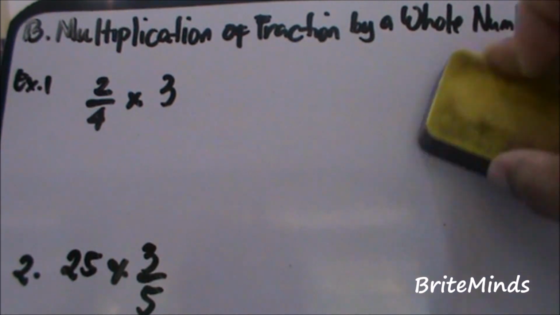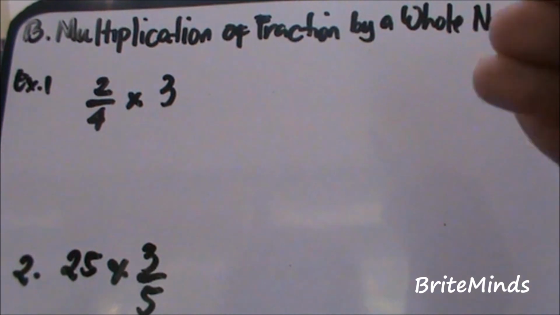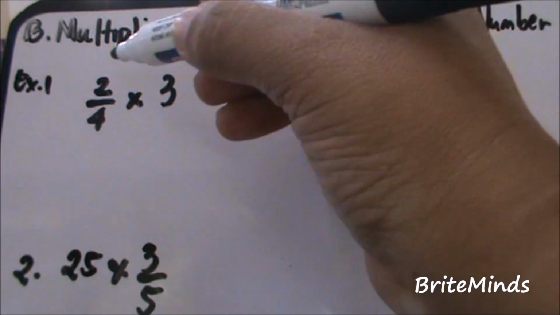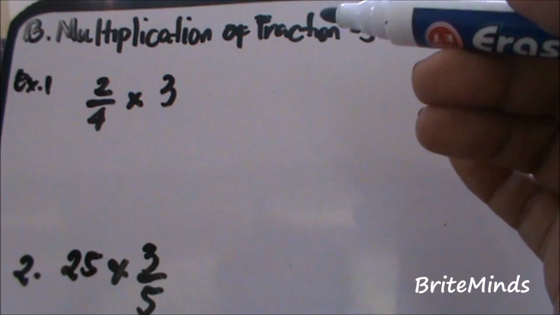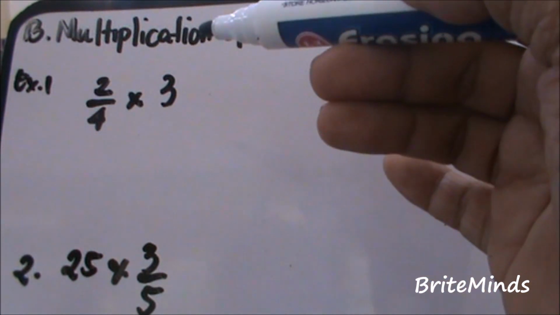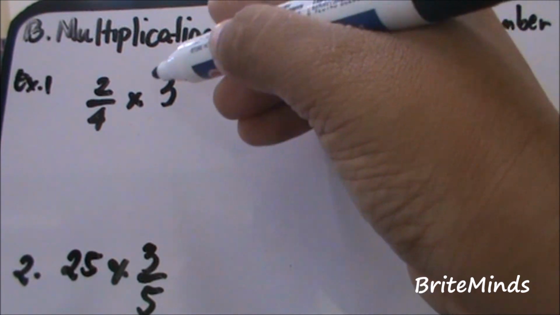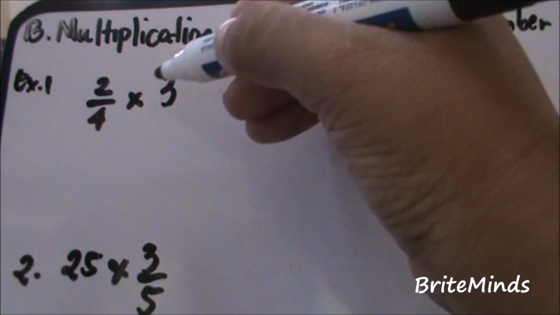To multiply a whole number by a fraction, multiply the whole number by the numerator of the fraction, and multiply the denominator of the fraction by 1. Like the example here, we have a whole number, then express it with a denominator of 1.